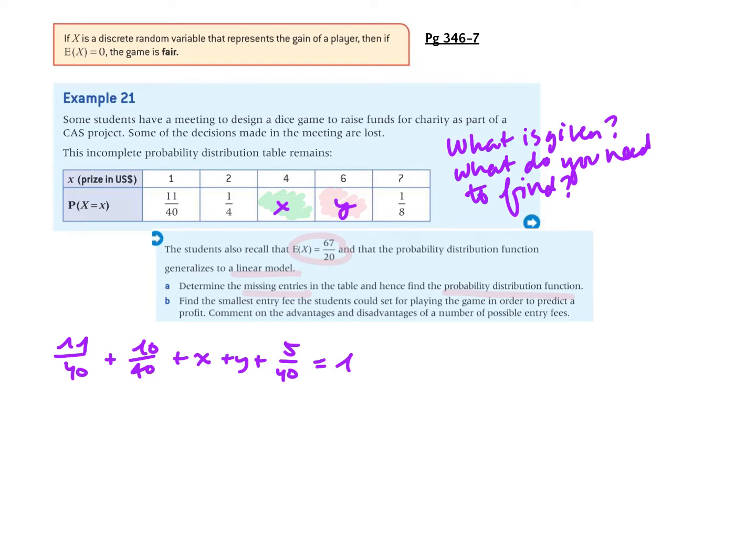So what did I do? I moved everything around, right? I'm going to do an arrow, X plus Y, because you're going to need a system, basically. 1, and then minus all this other stuff that I had just written. Minus 10/40ths, minus 5/40ths. So when I do that, I get 14/40ths.